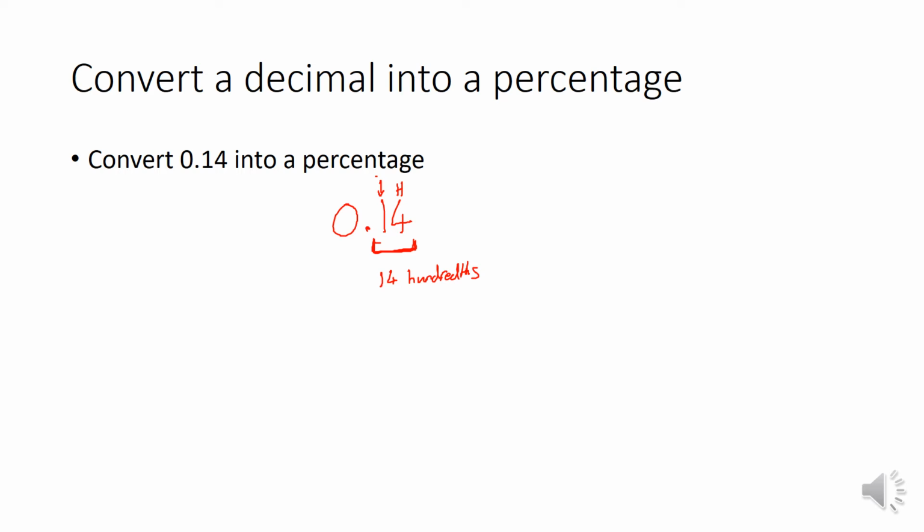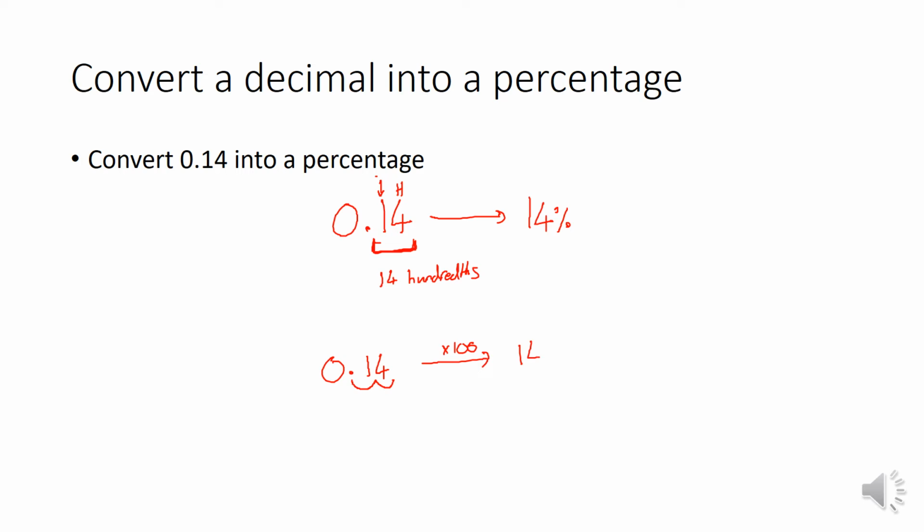So bearing in mind what a hundredth is, 1 hundredth is 1 out of 100. We can see from that that 14 hundredths would just be 14%. So let's see if we can do that the same way that we did before. So if we have 0.14, if we times by 100, what that does is it moves the decimal point 2 places.